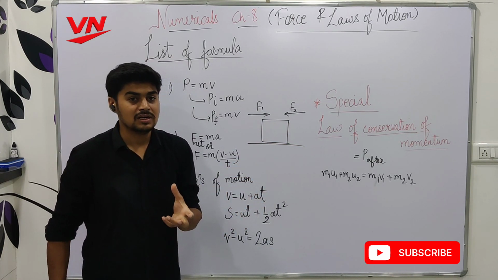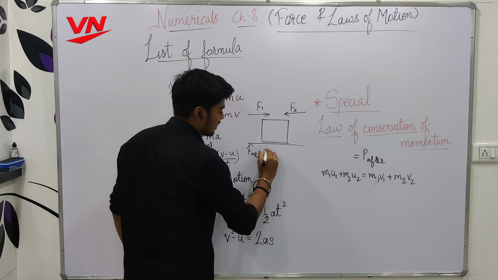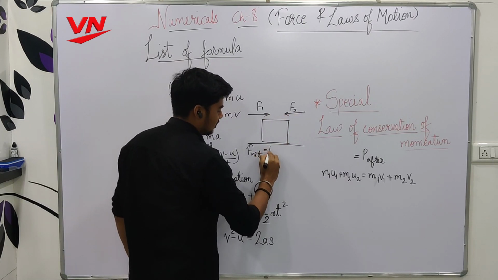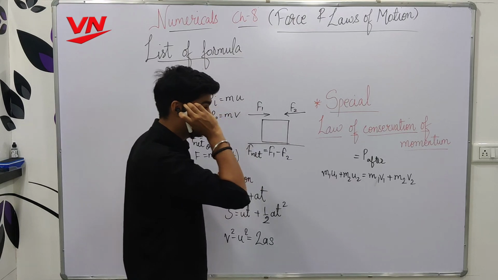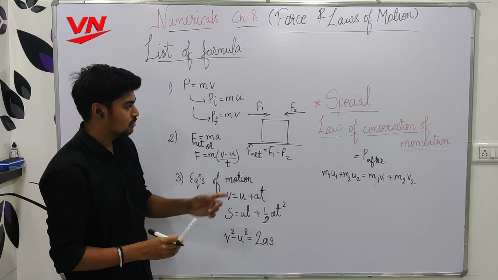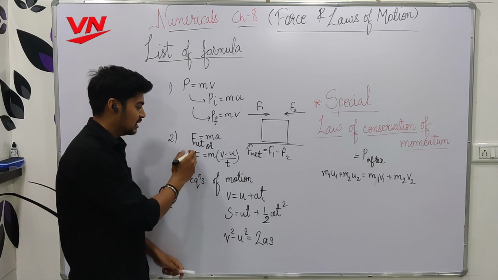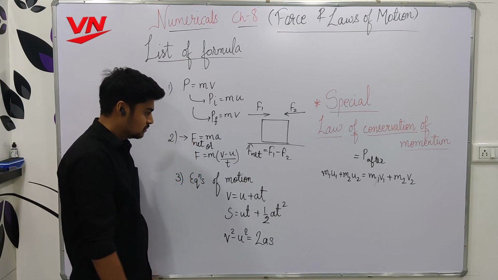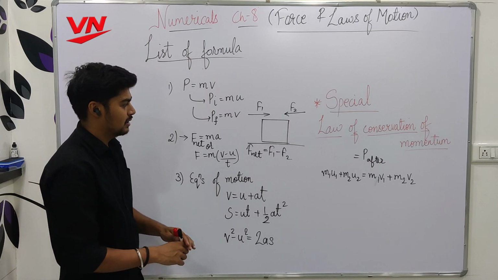I have to take the net force. In this case, what will be the net force? As the direction is opposite, if F1 is positive, the opposite direction will be negative. So when there are multiple forces, you have to keep in mind the directions. Then after that you can calculate the net force. Basically then you can apply the second law of motion, that is F is equal to ma.